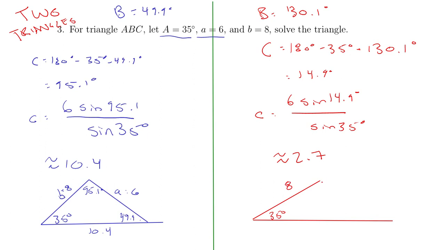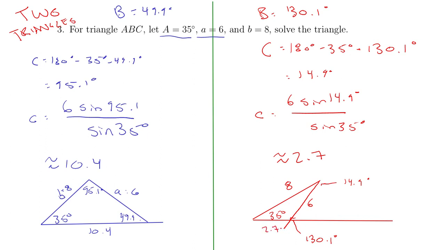But now this angle C is really small. So it's actually coming back through this way. And that means this angle is big, 130.1 degrees, and this one is 14.9 degrees. And then we can fill in the side lengths. This side length here is 6, and then you can see this one is real small. It's 2.7.